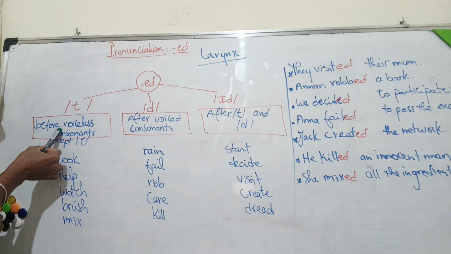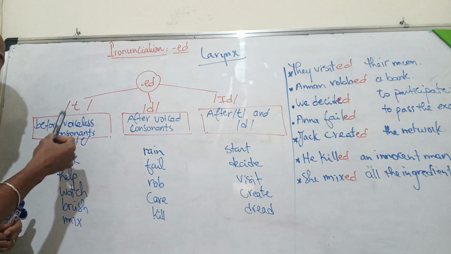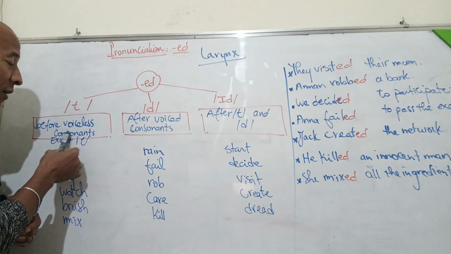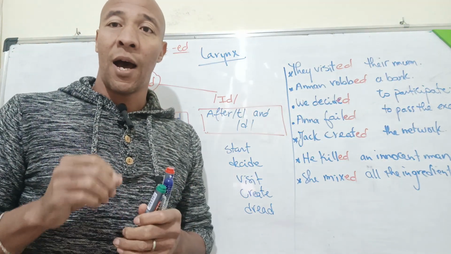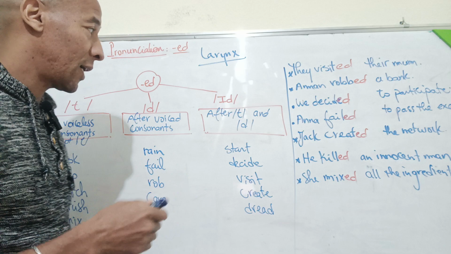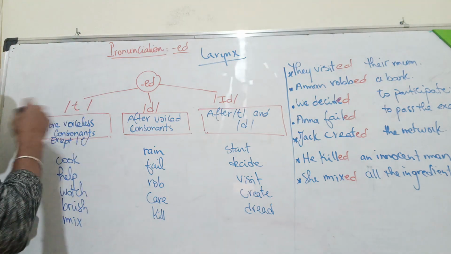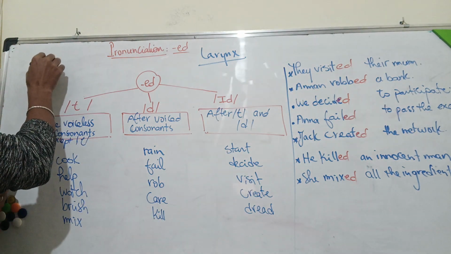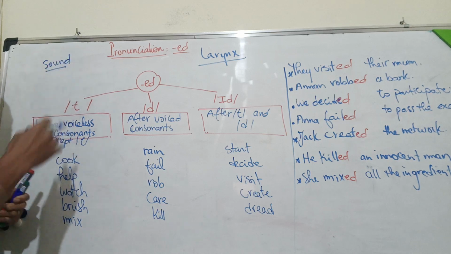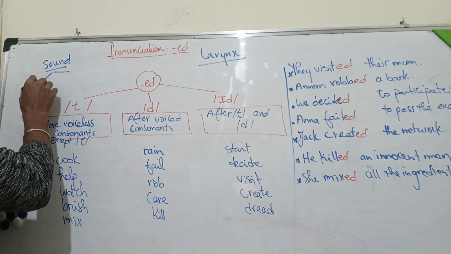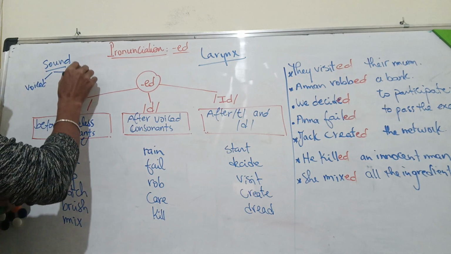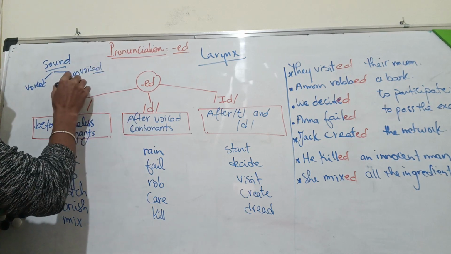Okay. So it is pronounced t before voiceless or unvoiced consonants, except t. Now, how do we know that a sound is either voiced or unvoiced or voiceless?